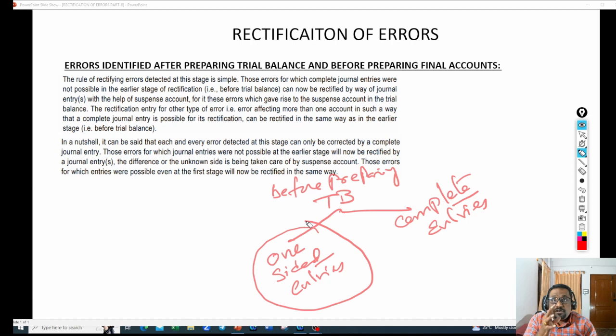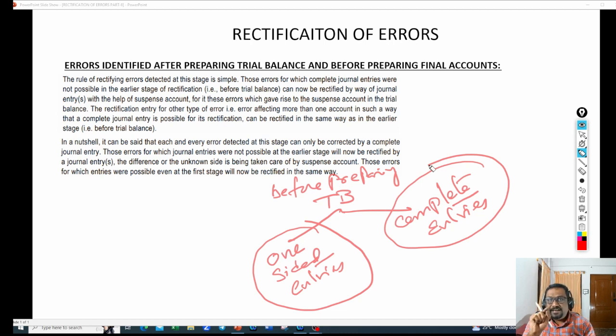They do not have impact on multiple accounts. Since those kinds of errors do not impact multiple accounts, we concluded with a one-sided entry. Wherever you identify that multiple accounts got impacted, that is where we prepared complete entries.